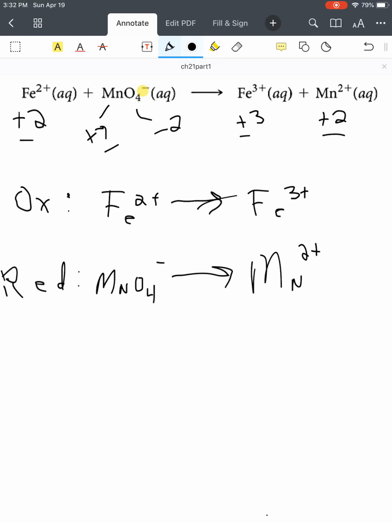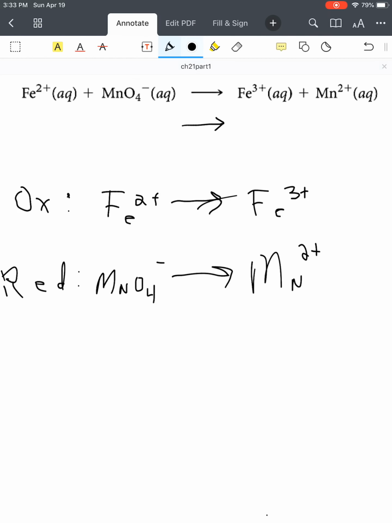Well, my next step is to follow the protocol. The next step in the protocol is to balance for atoms other than oxygen and hydrogen. So I look at this top reaction involving the iron, and I note that I'm basically already balanced, aren't I? I've got one copy of iron on each side.